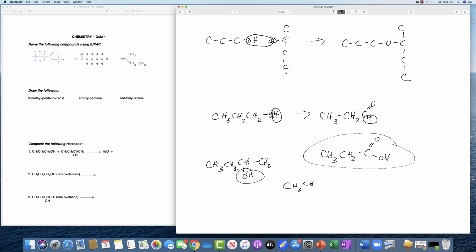So it's going to look something like this. Not something like this, it's going to look like this. And so please review this in the book so that you get the idea that if you go reductions, you're going this way, back toward more hydrogens and less oxygen. If you get oxidations, you're going this way.